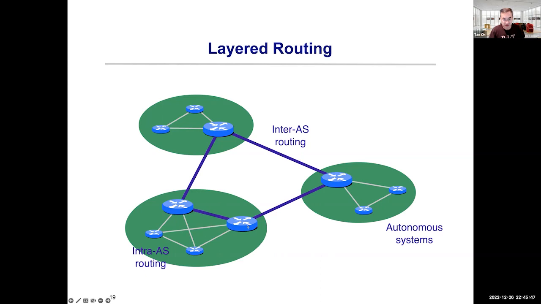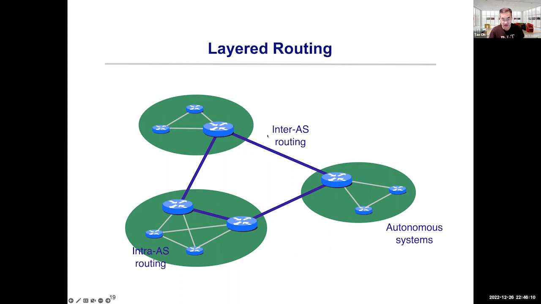Okay, it just stays in there. But if you want to send a packet to a different autonomous system, autonomous system here, autonomous system there, in that case, you have to send it through the thick line here.